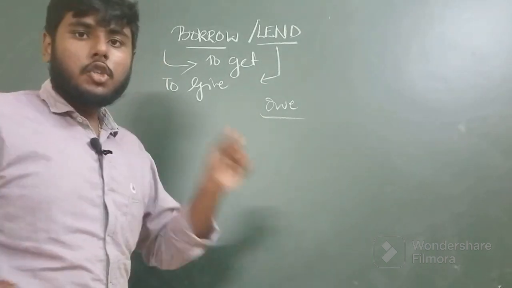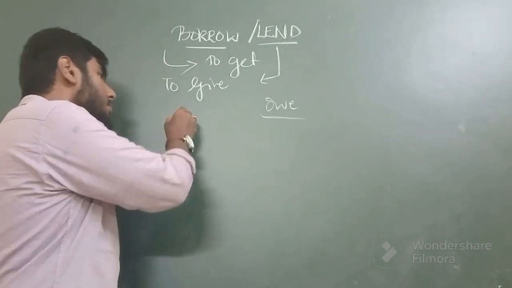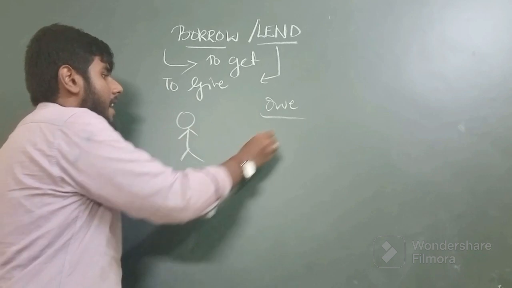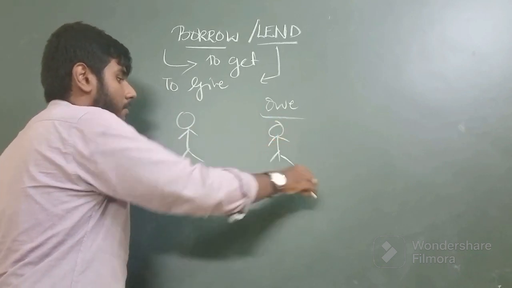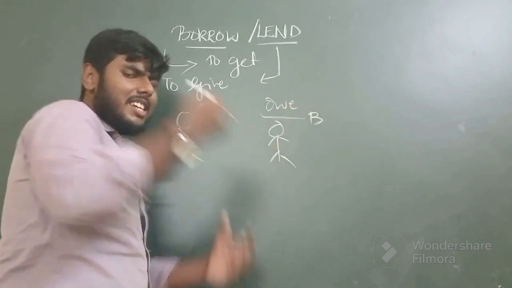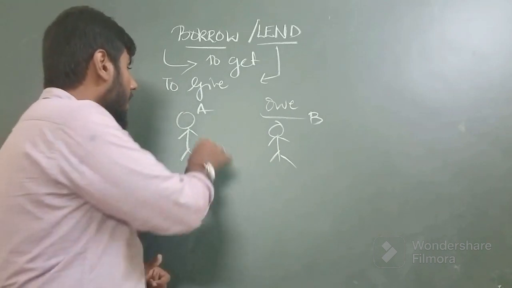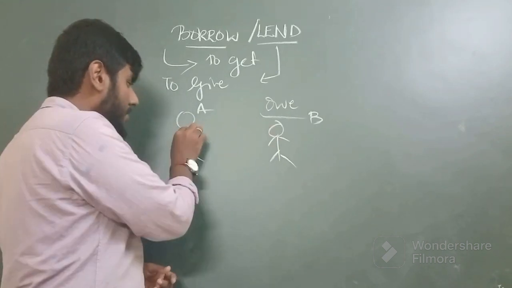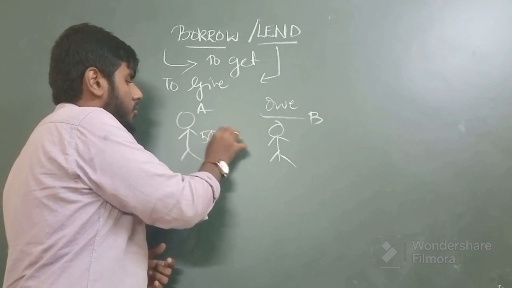To make it more clear, I am using two friends, friend A and friend B. Just imagine an instance where A and B are friends and Mr. A is in need of 5,000 rupees.